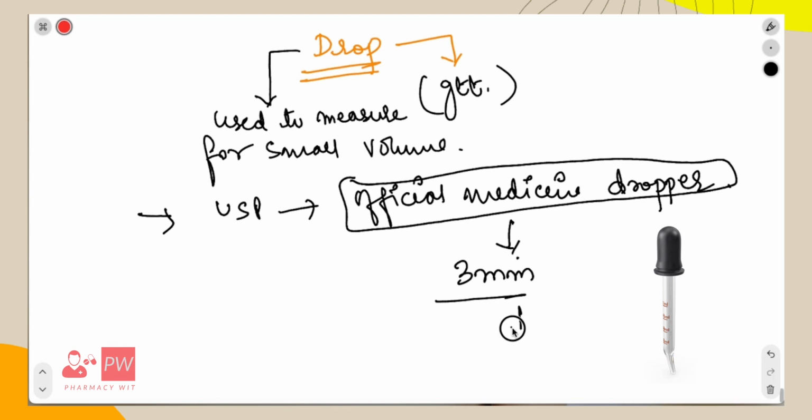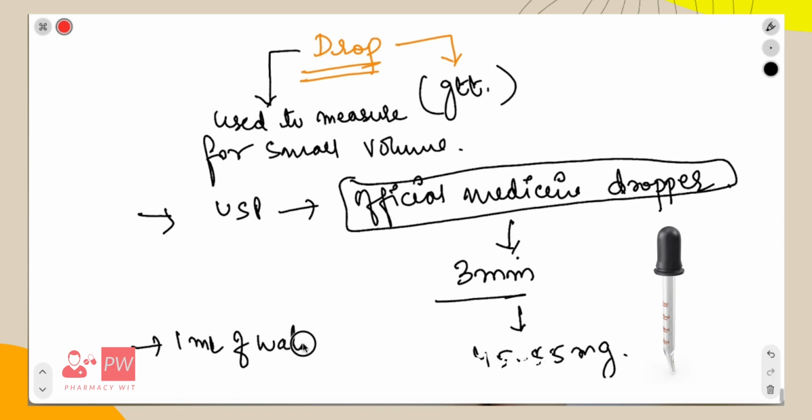Each drop weighs about 45 to 55 mg. So the official dropper is calibrated to deliver approximately 20 drops of water per milliliter. So 1 ml of water delivers approximately 20 drops.